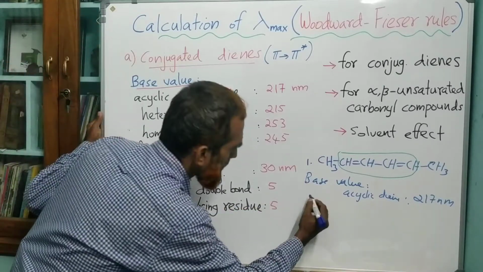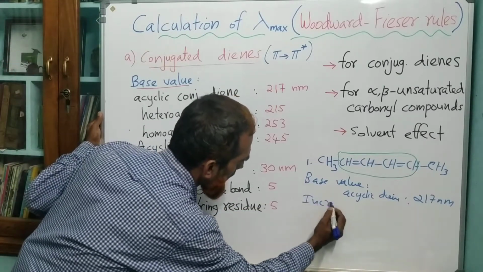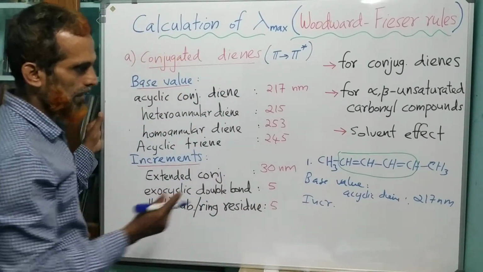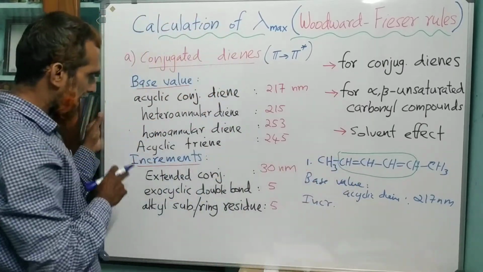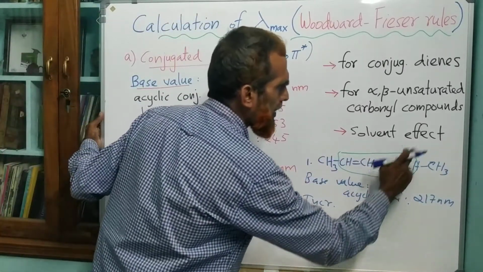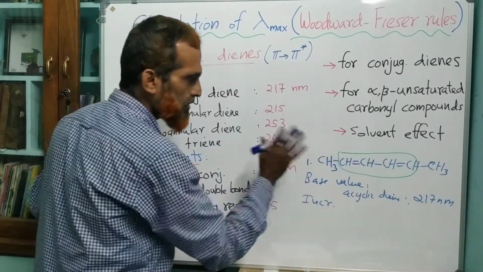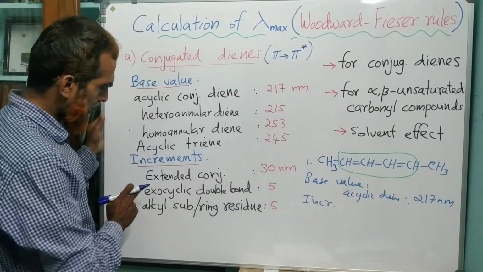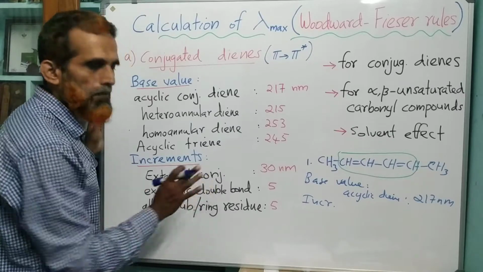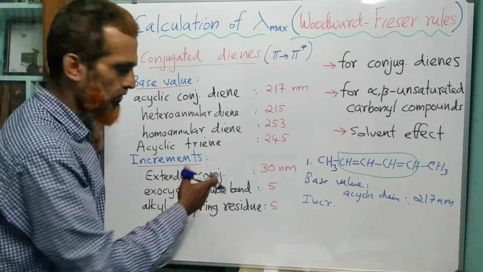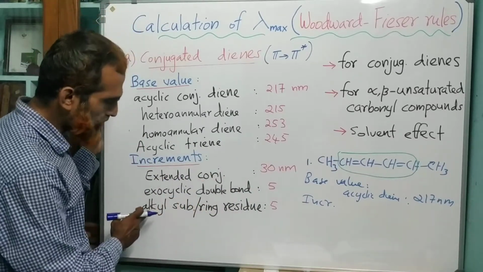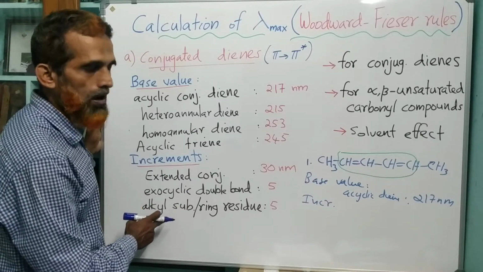Now increments. What are the increments to be added? Here it is not cyclic, there is no extended conjugation. Only 2 double bonds are there, diene. There is no more conjugated double bond. And exocyclic double bond does not come, because it is not cyclic. And the last one, alkyl substituent or ring residue.